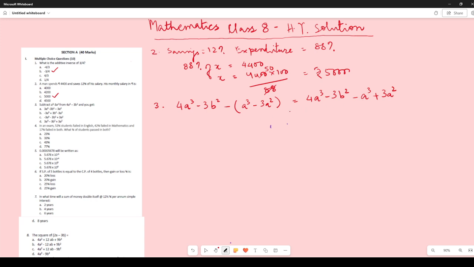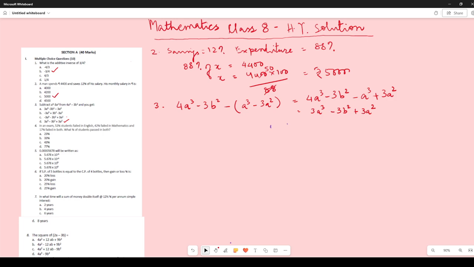So what do you get? 4a cube minus a cube, 3a cube minus 3b square plus 3a square. So your correct option will be 3a cube minus 3b square plus 3a square. Option number D. That will be your correct option.